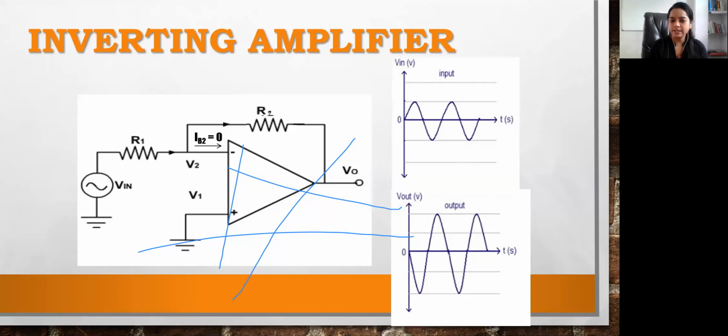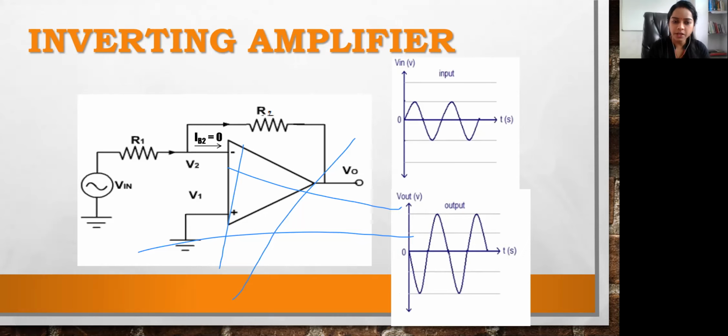So here you can see that a feedback resistor is connected between output and the inverting input of the operational amplifier, and the non-inverting input is connected to ground, and the supply, that is V in, is given to the inverting input terminal of the operational amplifier. Okay, so this is how we will have the design of an inverting amplifier. This is simply an inverting amplifier.